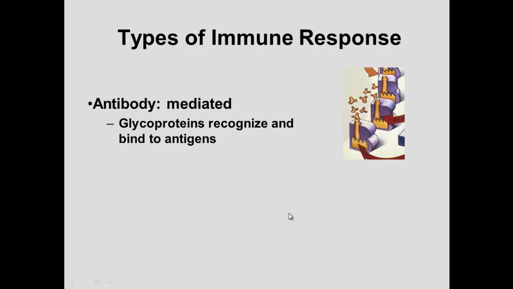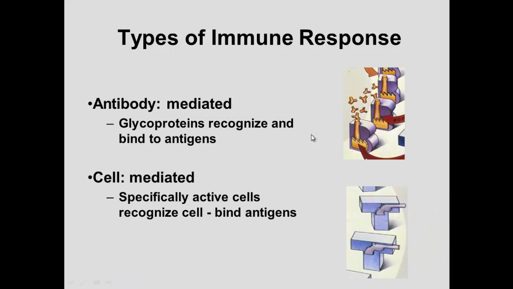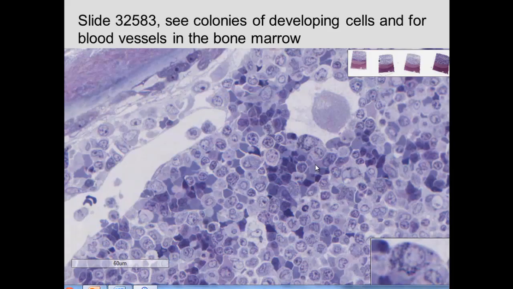And that brings us to the two types of responses. One is antibody: glycoproteins produced by cells. These antibodies are actually the killer component. There's also cell-mediated immunity, where the cells themselves bind to the tissue and kill it. Those are T cells as opposed to B cells.